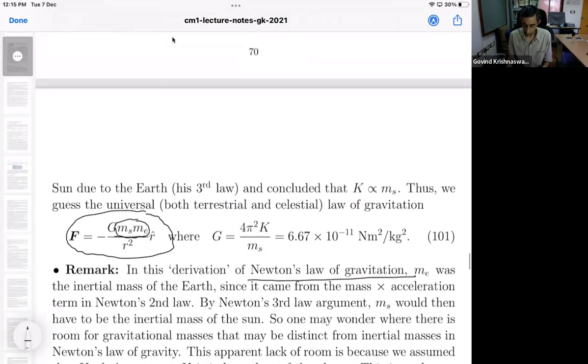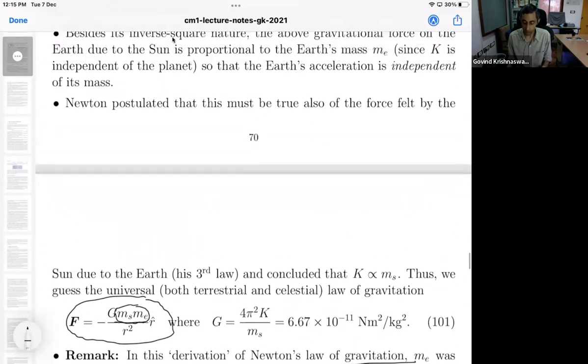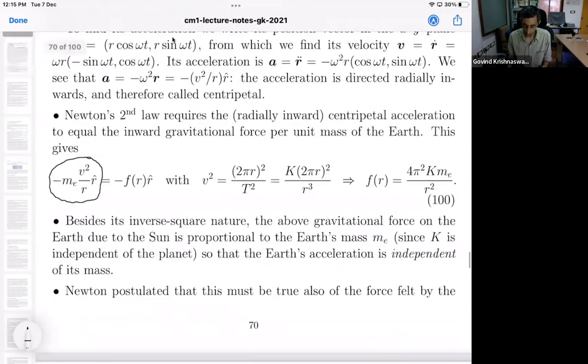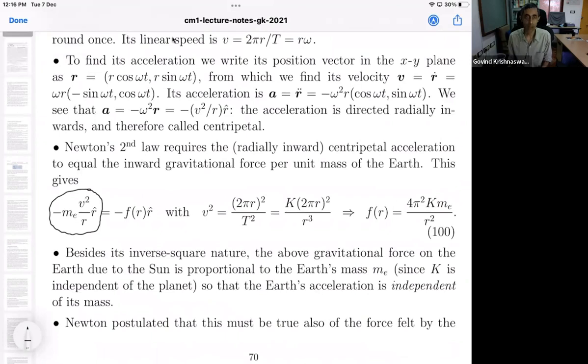Now, I should clarify that the assumption that gravitational and inertial masses are the same has already crept into this argument, because we have used a very strong experimental result that Kepler's constant is independent of the planet. So the Kepler constant appeared here, and that played a very important role in this deduction.